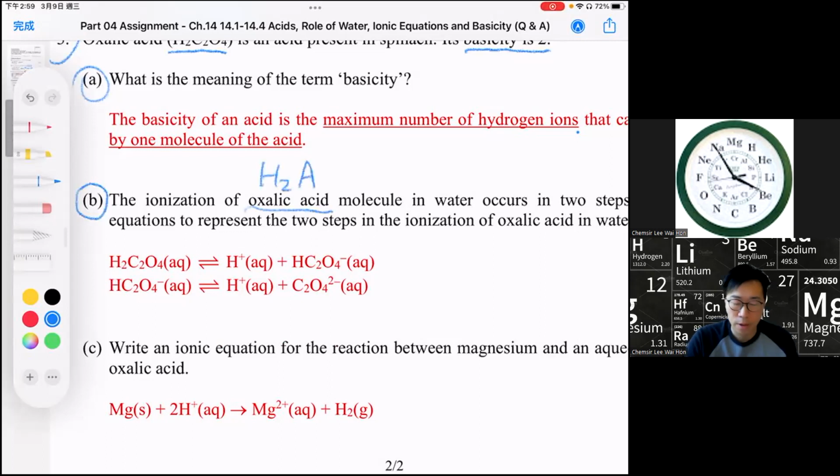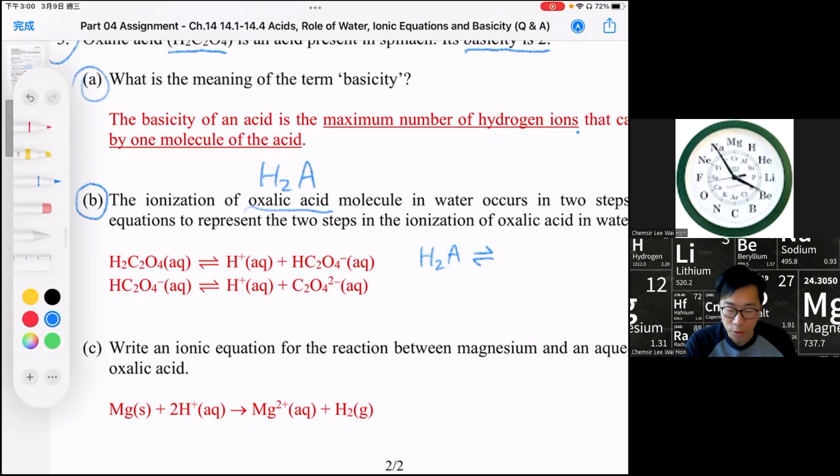Make it simple. Instead of writing H2C2O4, why not H2A? So let me show you a dibasic acid with the formula H2A. How can we write the equation to represent each step of ionization? For simplicity, I don't write the state symbols. All are aq.